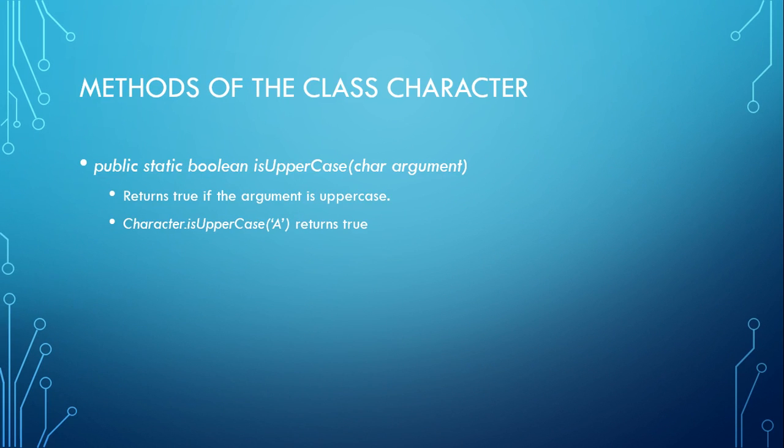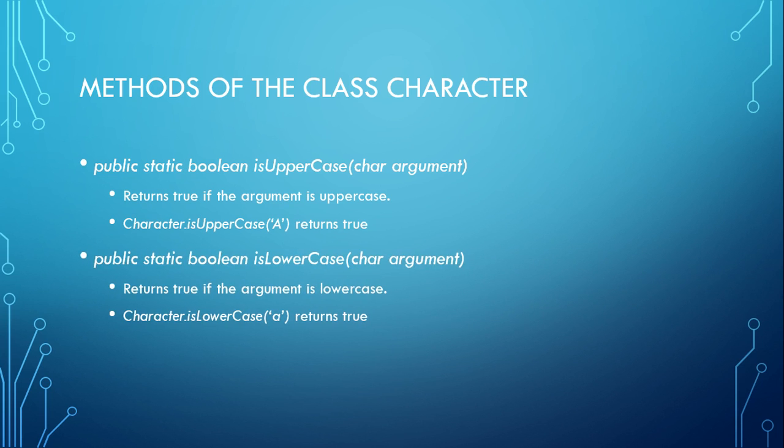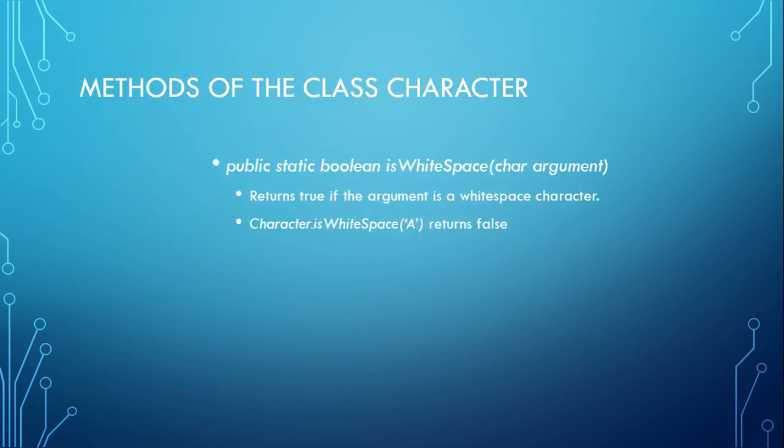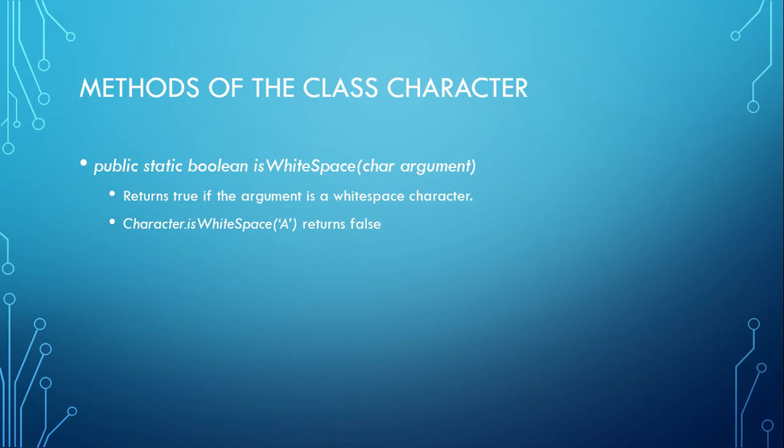Public static boolean isUpperCase(char argument) returns true if the argument is uppercase. Character.isUpperCase('A') will obviously then return true. Similarly, isLowerCase returns true if the argument is lowercase. Public static boolean isWhitespace permits a test of whether the argument is a whitespace character.